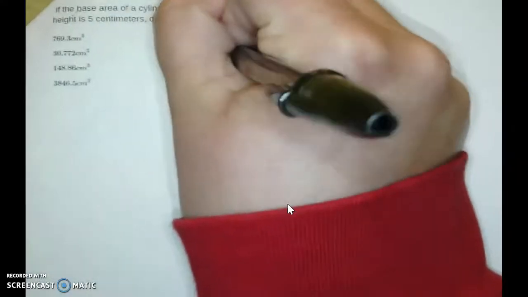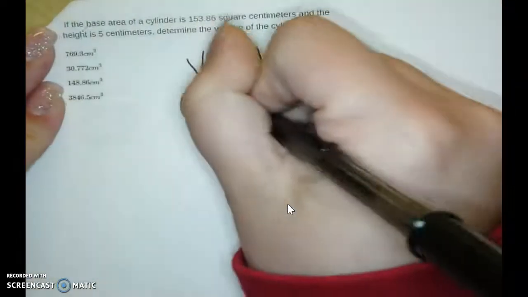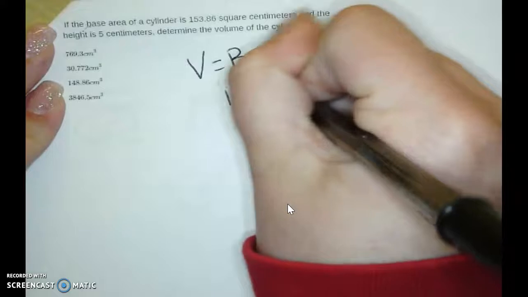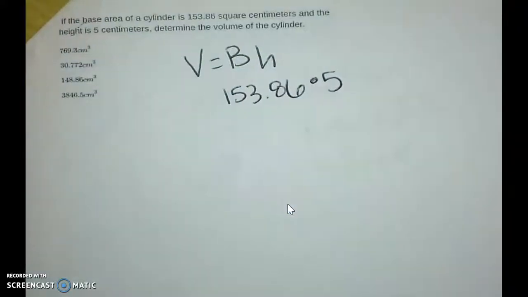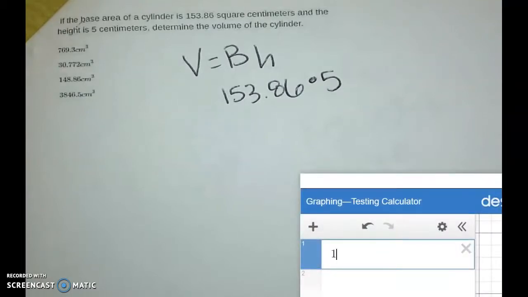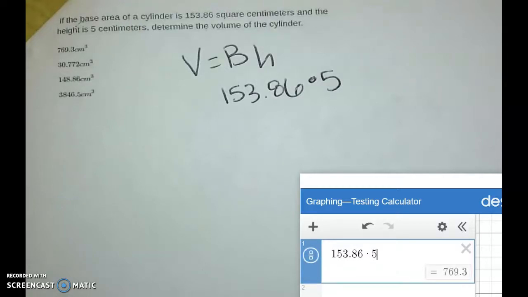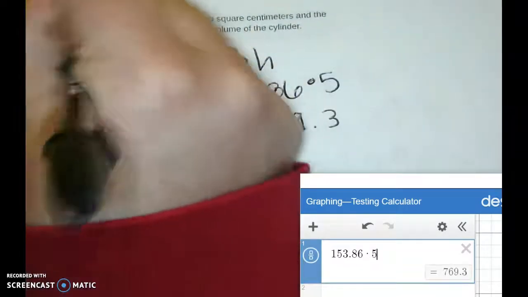V equals big B times H. Okay? If the base area is 153.86, so that's big B, and the height is 5, what is the volume? That's it. You just multiply those two numbers. So 153.86 times 5. So 769.3. So there's your answer.